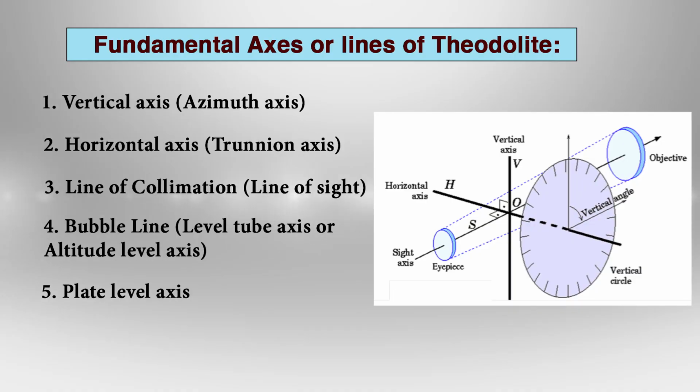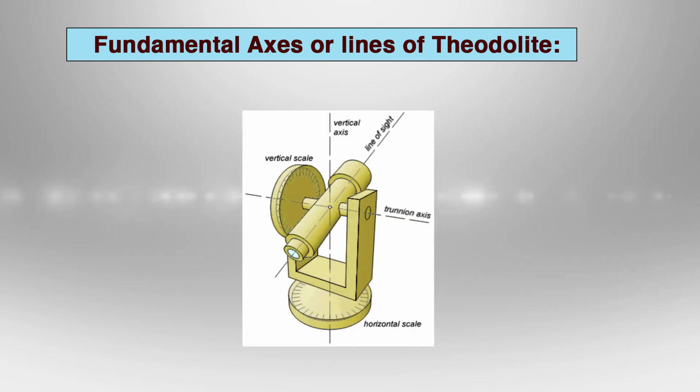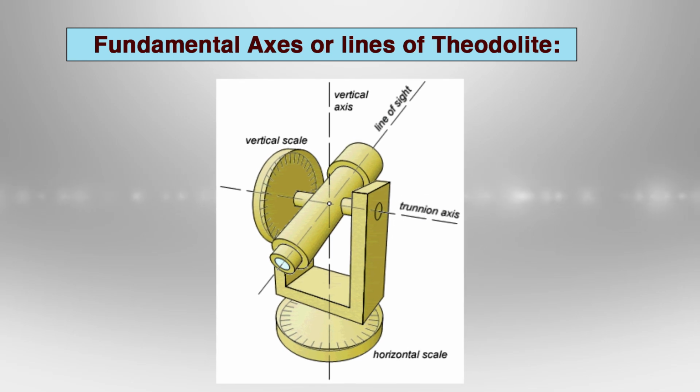The fundamental lines are the vertical axis, also called the azimuth axis; the horizontal axis, also called the trunnion axis; the line of collimation or the line of sight, the definition of which we just looked at; the bubble line, also called the level tube axis or altitude level axis; and last but not the least, the plate level axis.